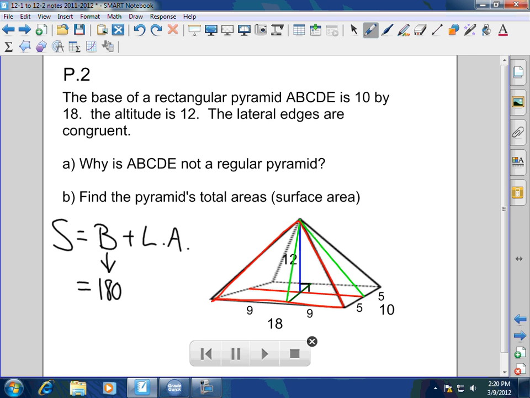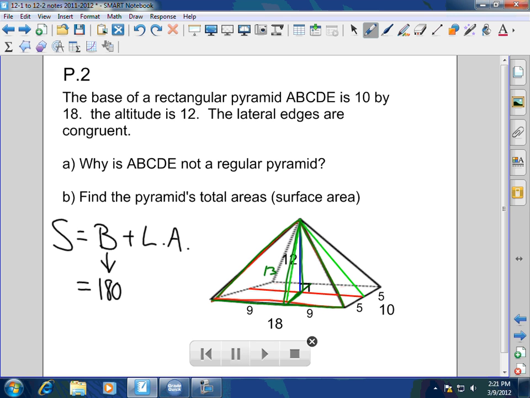Okay? My little green guy here is the slant height. Cuts that into 9, that into 9. Okay, but I have this here 12, and this is 5, so that's a 5, 12, 13. Very good. So my slant height of this face is 13. You with me?